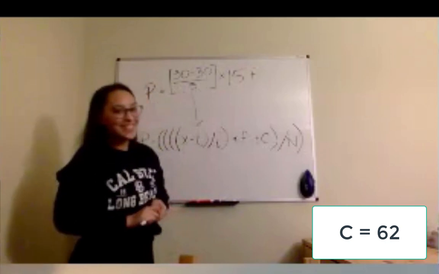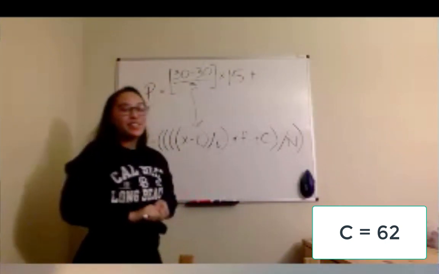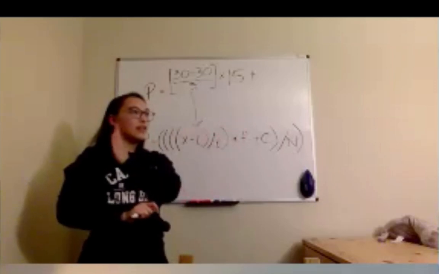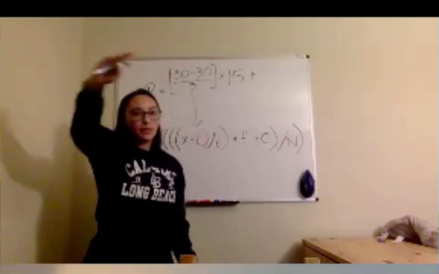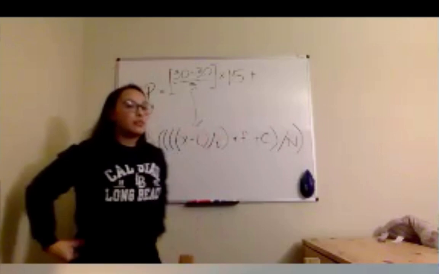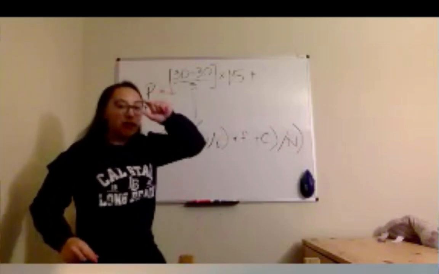62. 62, right? So if you keep your sites in a row, remember we said that worst scores are at the top of this table, the best scores are at the bottom, right? And you want to take the cumulative frequency of the group worse than the score you're evaluating.